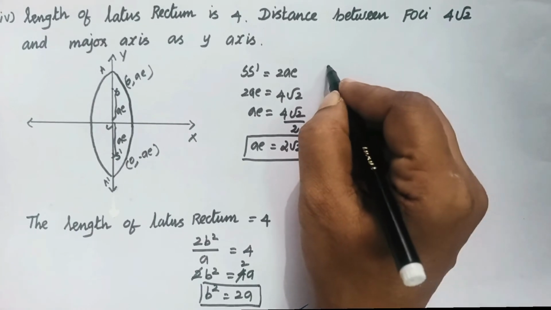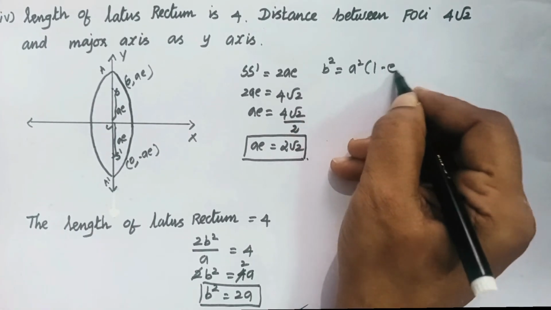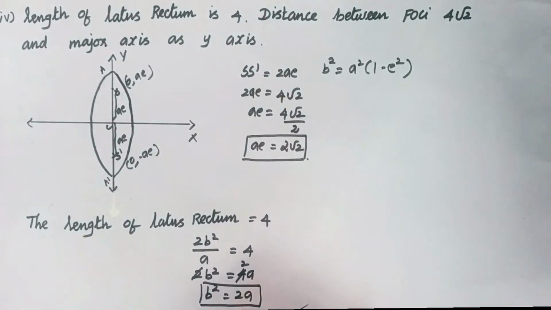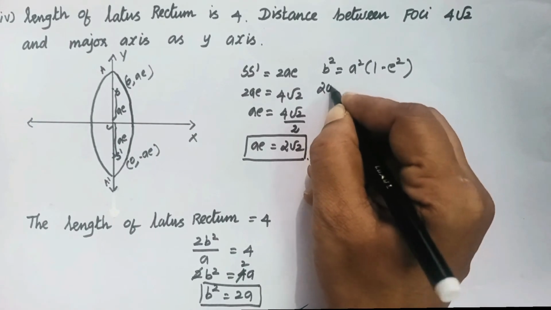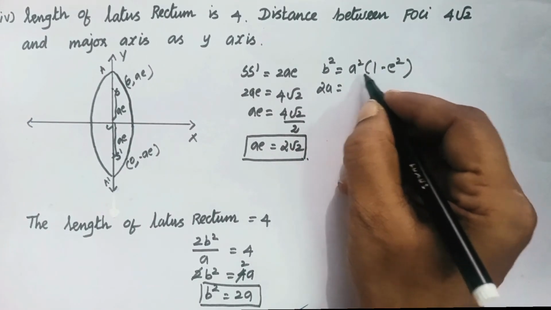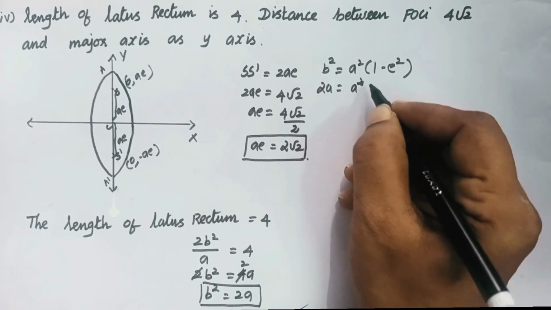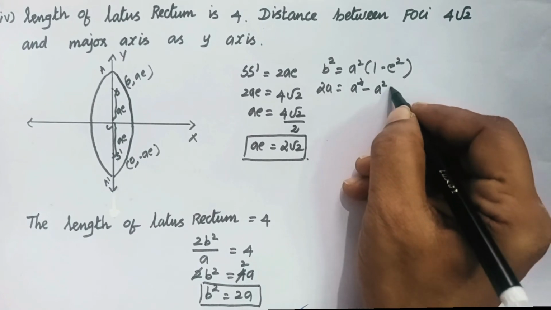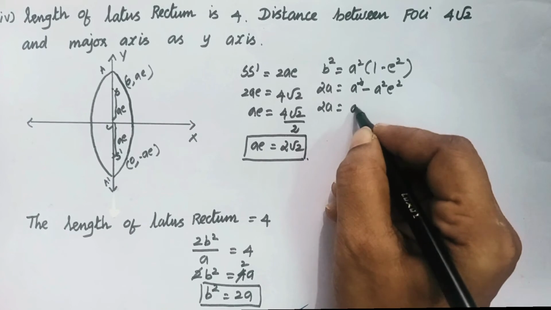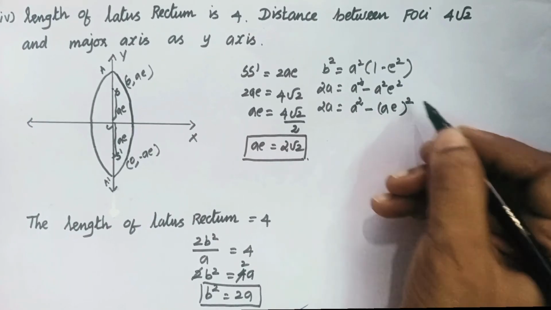You know that b squared equals a squared into 1 minus e squared for an ellipse. Therefore, we substitute b squared value 2a here, and this a squared you have to multiply with 1 and with e squared also. So a squared into 1, a squared minus a squared e squared. So 2a equals a squared minus ae the whole squared.